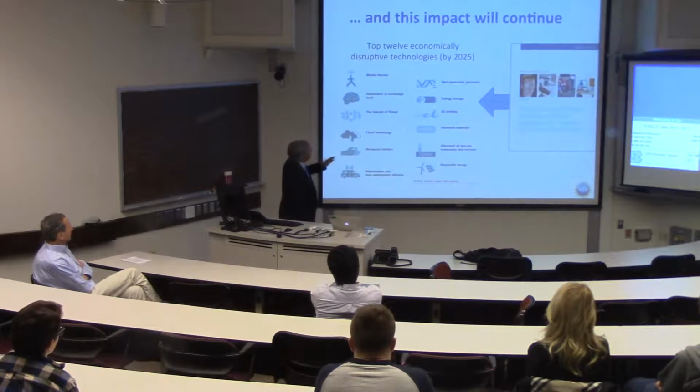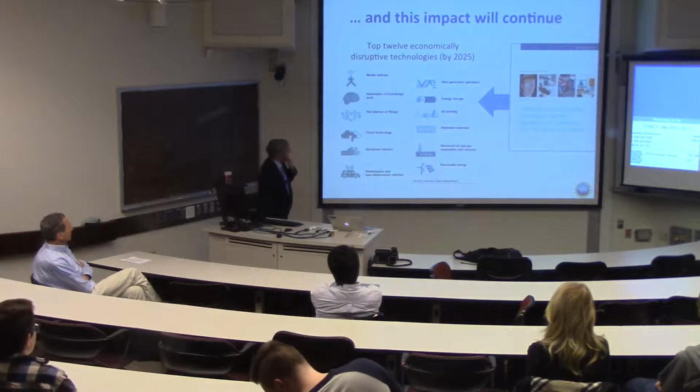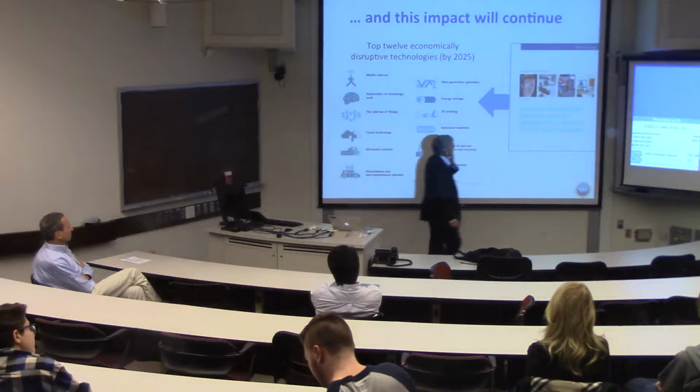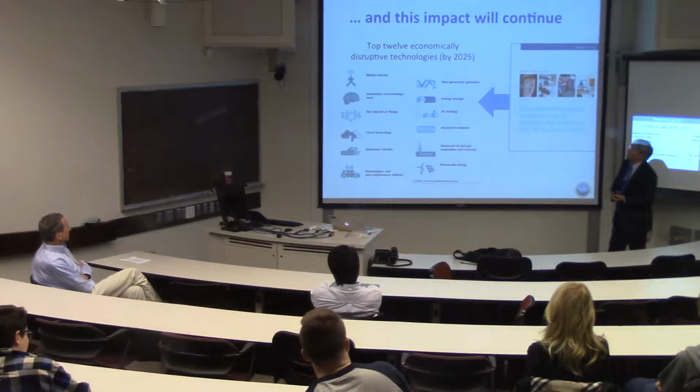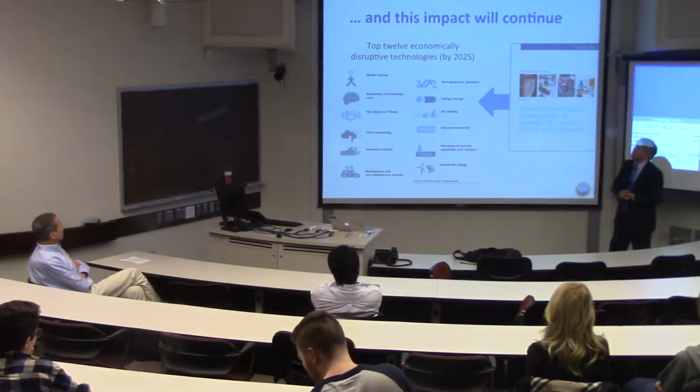And rather than do that, let me just say that this is a nice infographic that I pulled from McKinsey, which talks about the 12 most disruptive technologies by 2025.